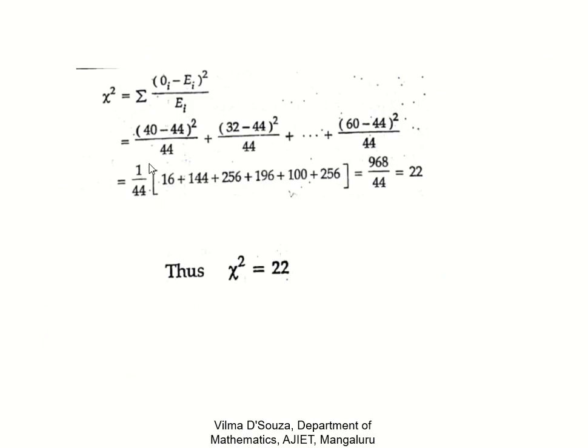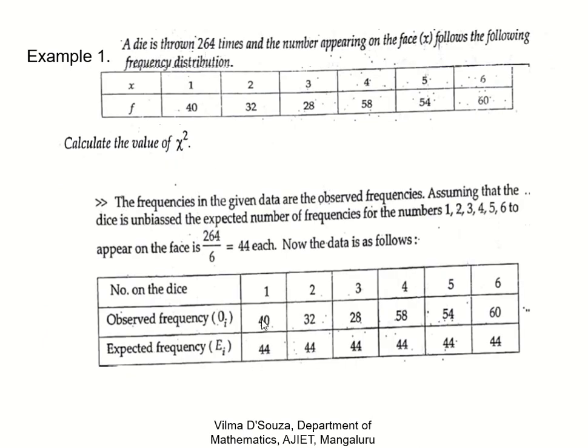So go back and see. 40 minus 44 whole square divided by 44, plus 32 minus 44 whole square divided by 44, plus 28 minus 44 whole square divided by 44, plus 58 minus 44 whole square divided by 44, plus 54 minus 44 whole square divided by 44, plus 60 minus 44 whole square divided by 44.